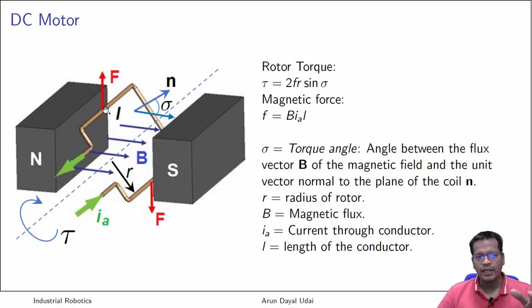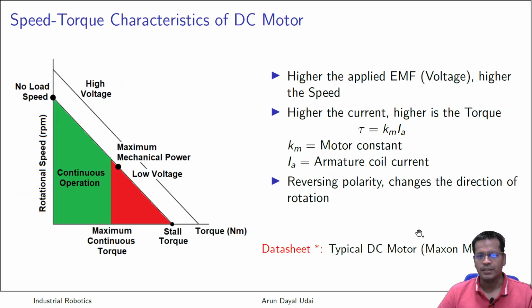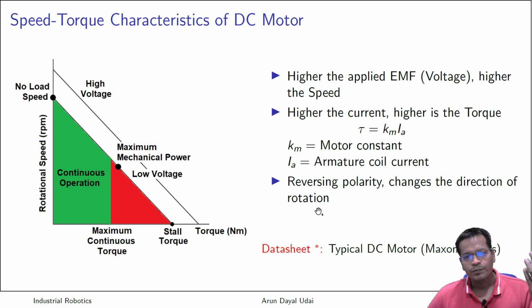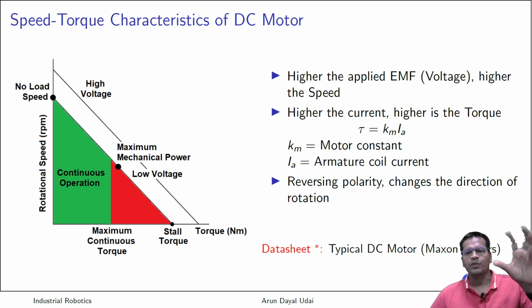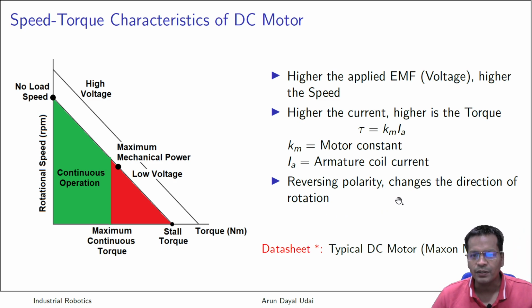Is it not? So that creates a reverse torque. So reversing the polarity immediately can change the direction of this rotating shaft. So it is so easy now. You can control the direction, you can control the speed, you can control the torque. So you can control everything now.